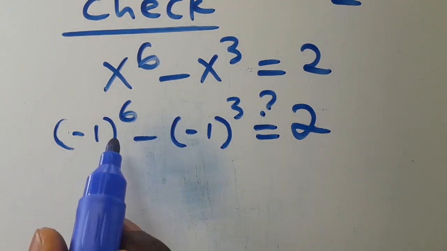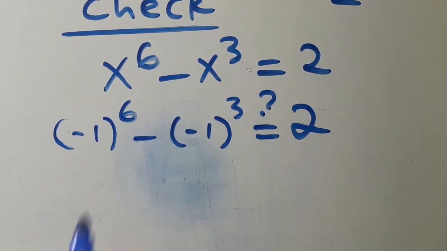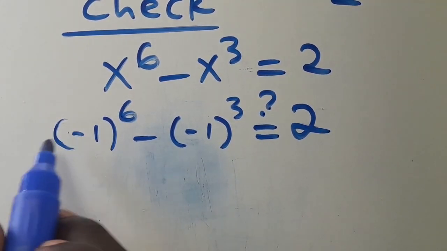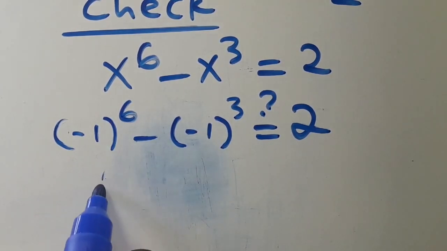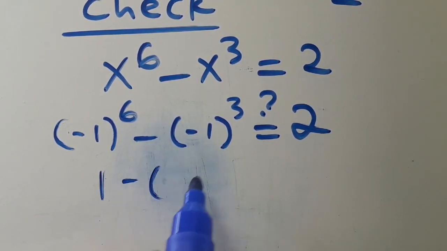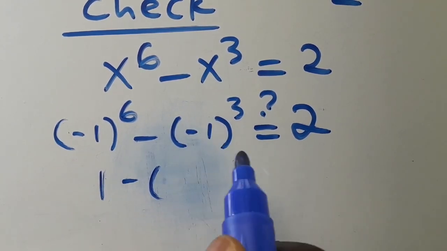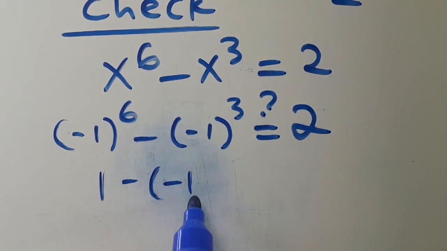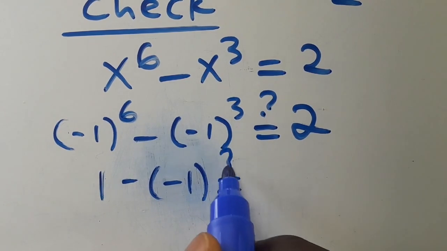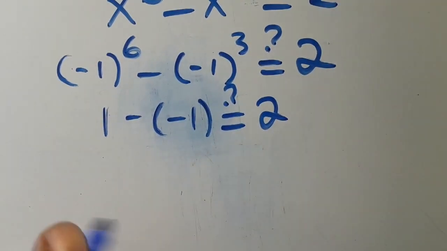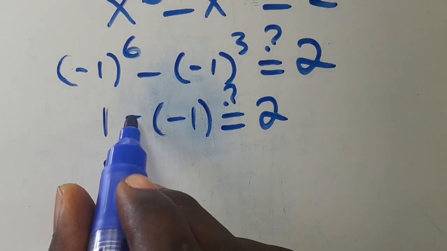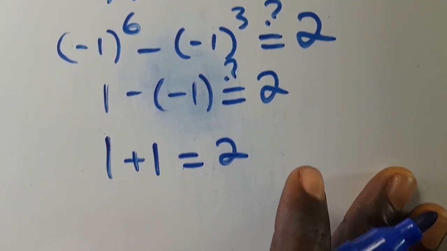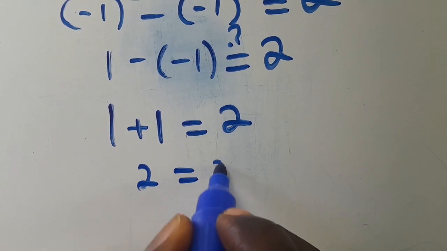Mind you that this 6 is even, and negative 1 in bracket to the power of even will give us positive 1, minus this negative 1 in bracket to the power of odd will give us negative. We have 1 minus minus 1, then is it going to give us 2? Then 1, minus times minus will be plus 1, which equals 2. Here is 2, which is equivalent to 2.